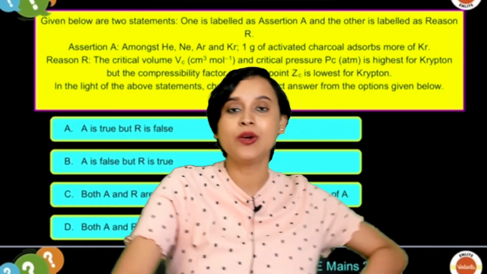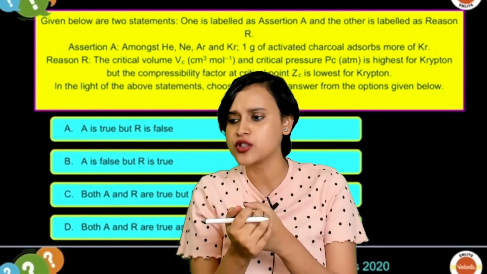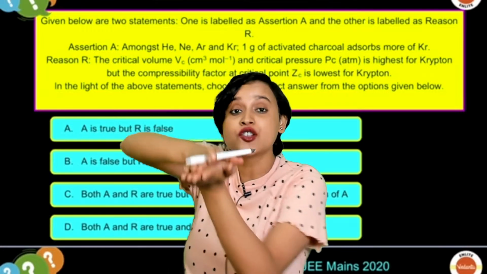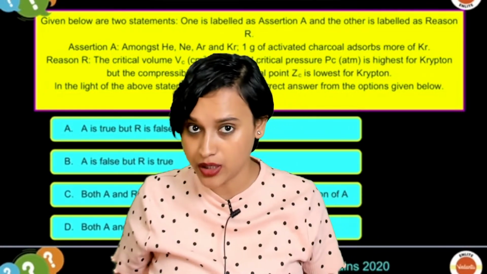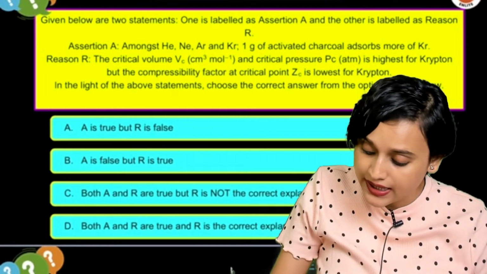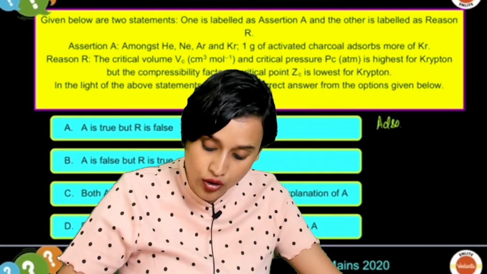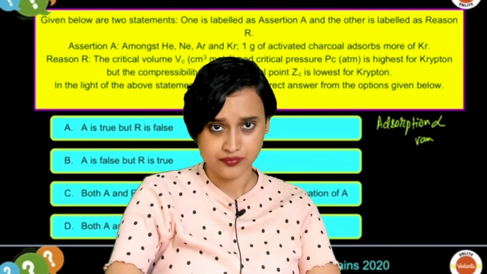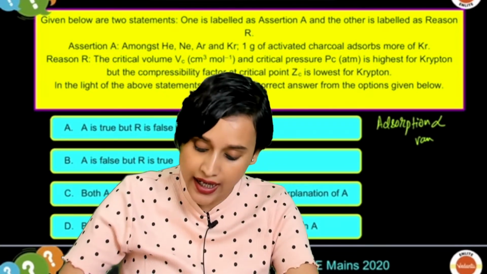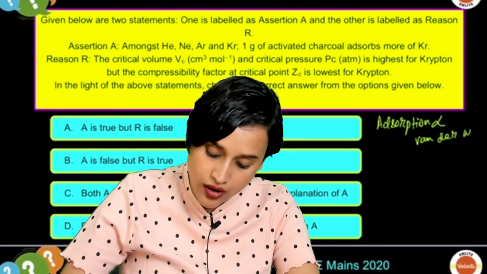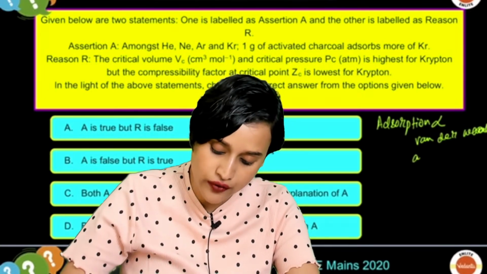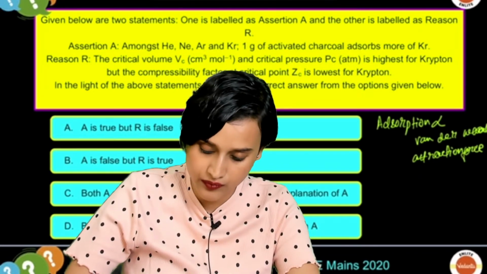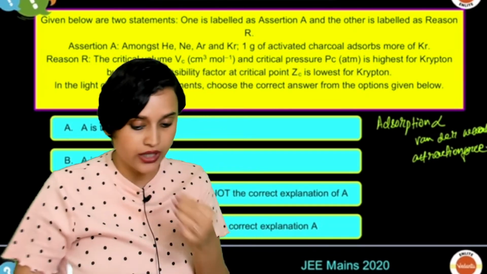Adsorption is basically when the atoms or the ions or the molecules come and get attached to the surface. Adsorption is a surface phenomenon, if you remember. Adsorption is directly proportional to van der Waals attraction force.